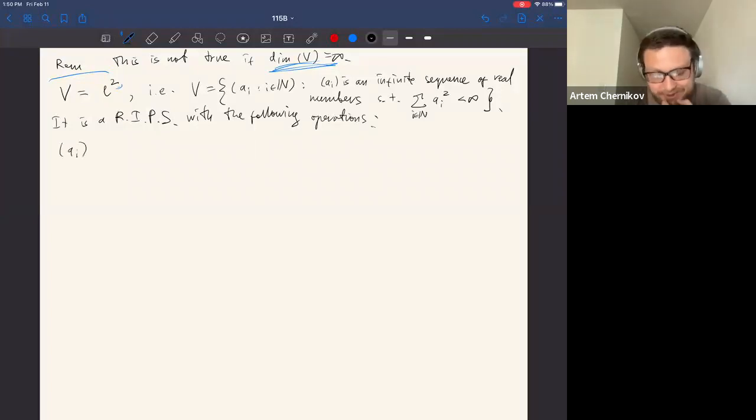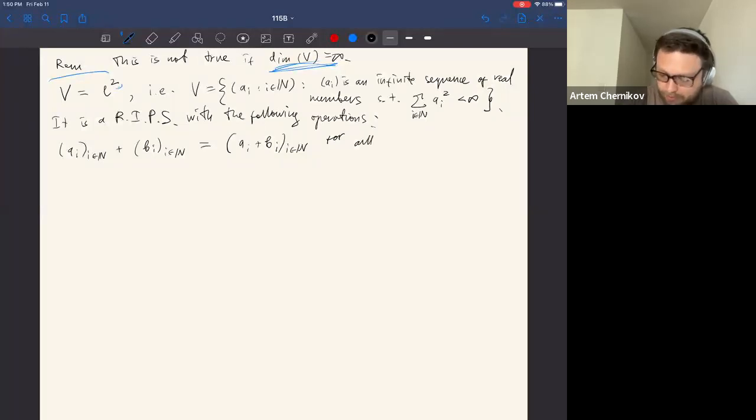So the idea is to define it in the same way as we had for R^n, for example, but now it's R, but infinite sequences. So we take the sum of two sequences like this, (a_i) and (b_i), i in N. This is going to be the sequence so that the ith element is given by the sum of the ith elements of these two sequences.